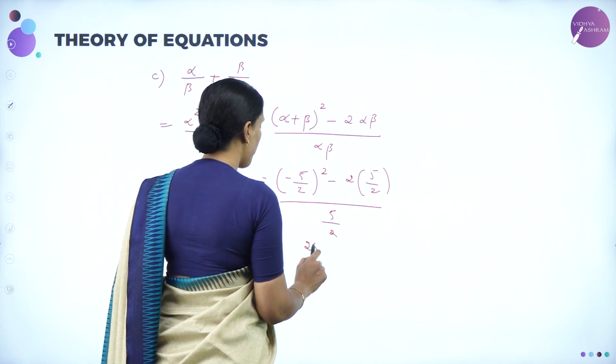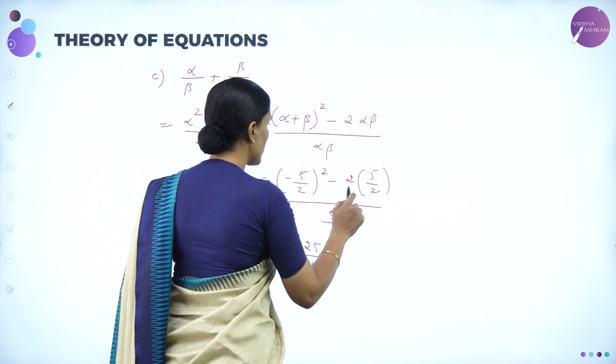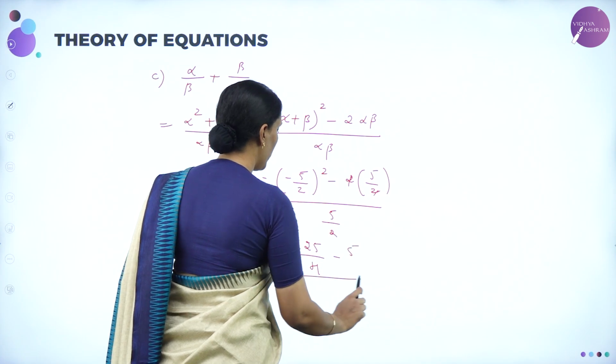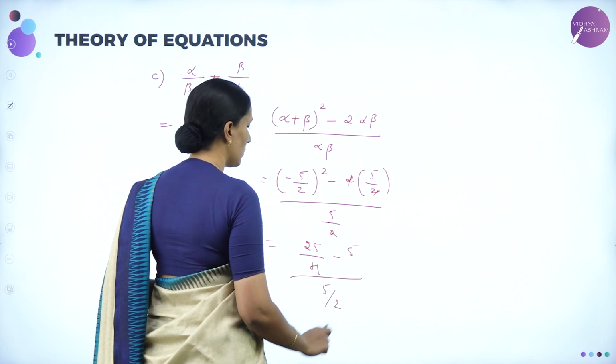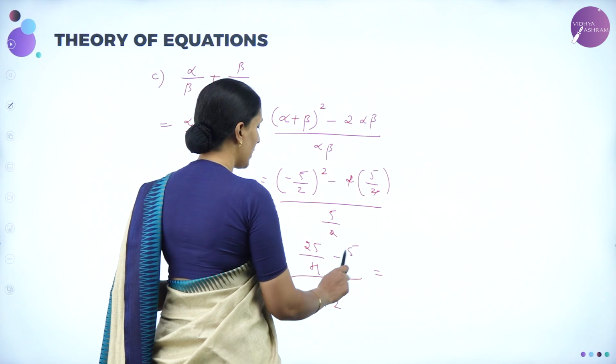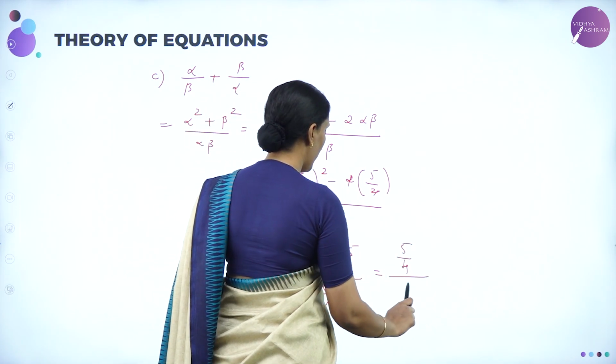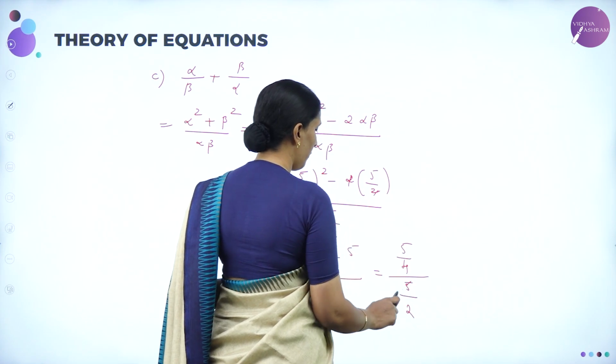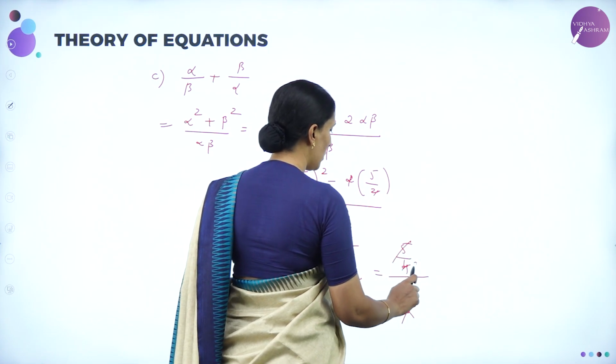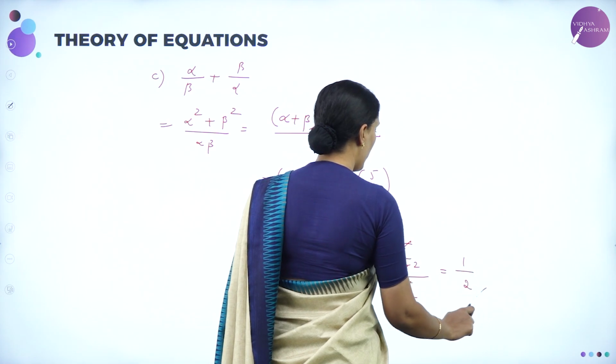So 25 by 4 minus 5 whole divided by 5 by 2. So now here 25 minus 20, so we will get 5 by 4 whole divided by 5 by 2. 5 gets cancelled, 2 ones are 2, 2 twos are 4, so the value is 1 by 2.